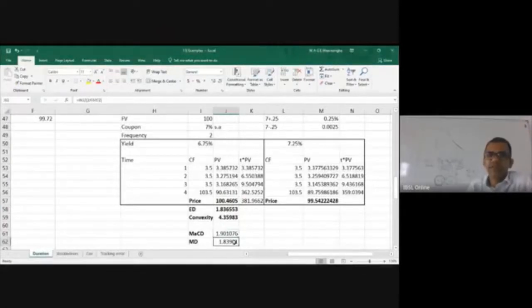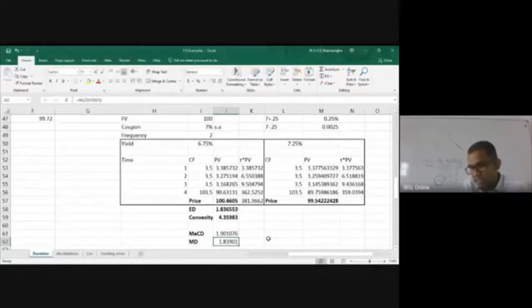And if you calculate the modified duration, again you get a very close number, because when the yield change is very small, the changes are very small, then that part we can consider as a straight line.